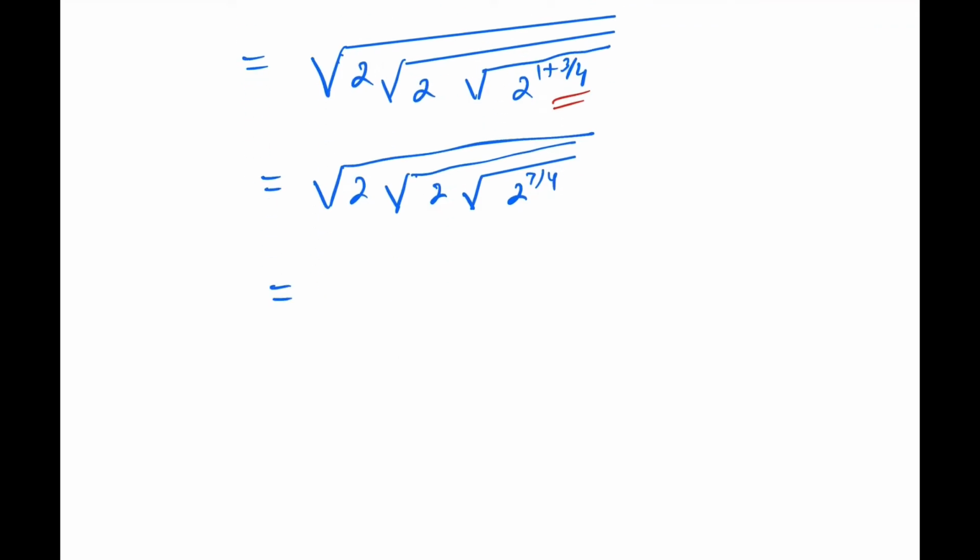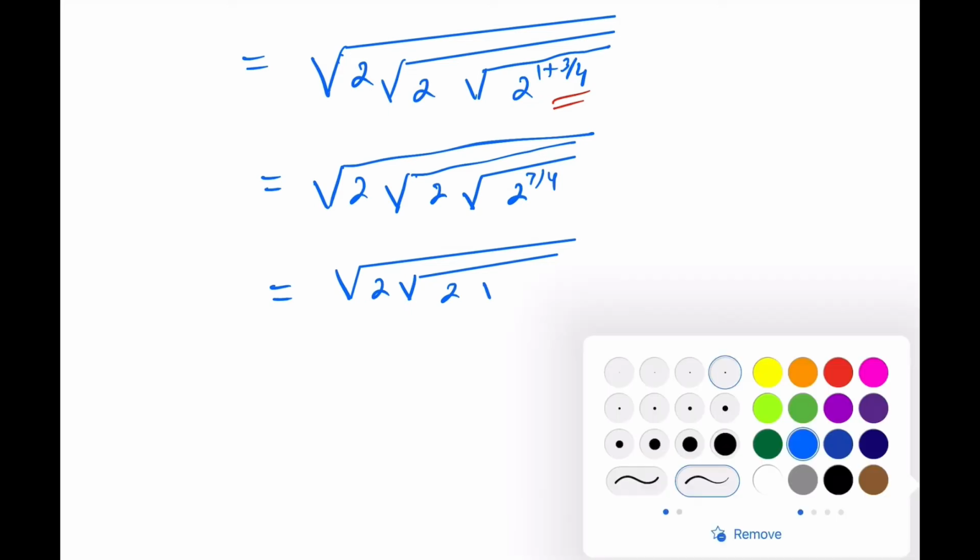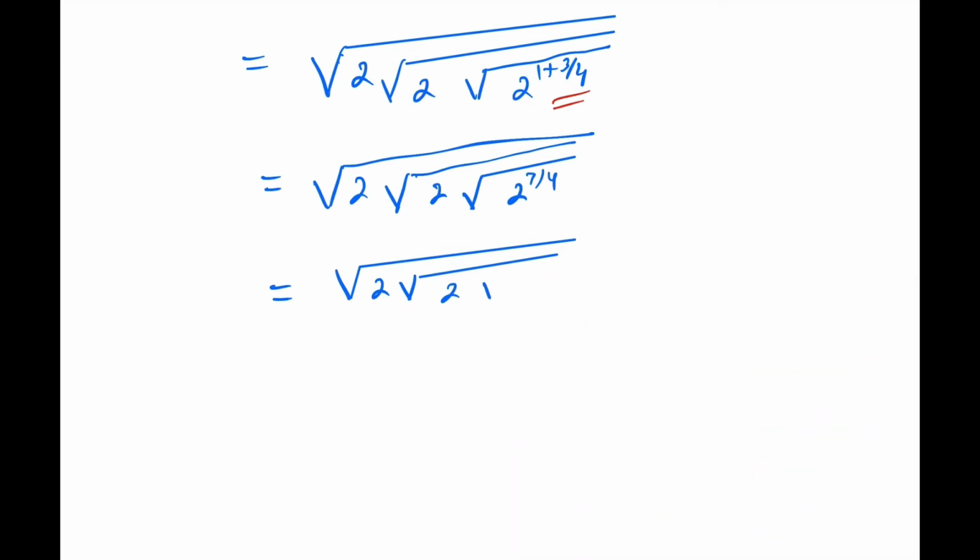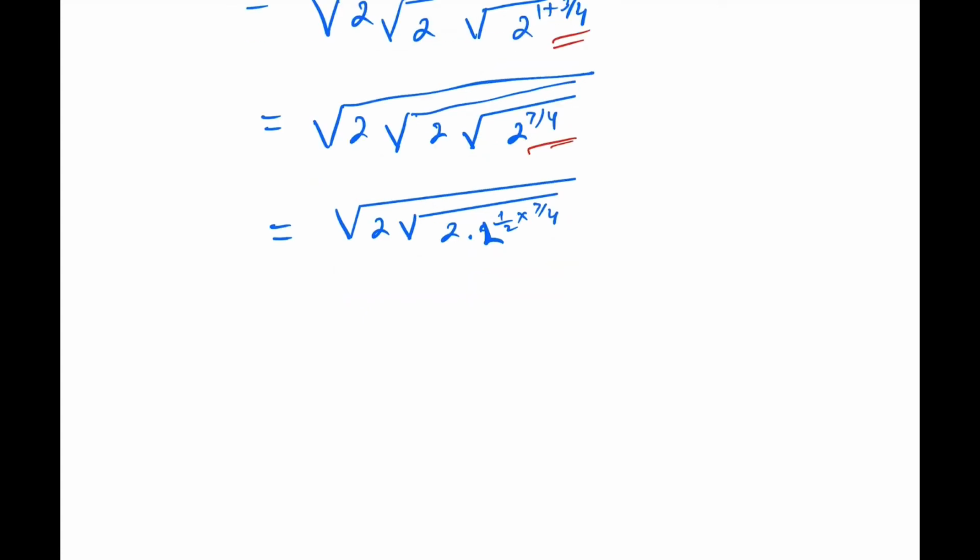Now this is equal to square root of 2 into square root of 2 into, now this one we can write as into 2 raised to the power 1 by 2 into 7 by 4.